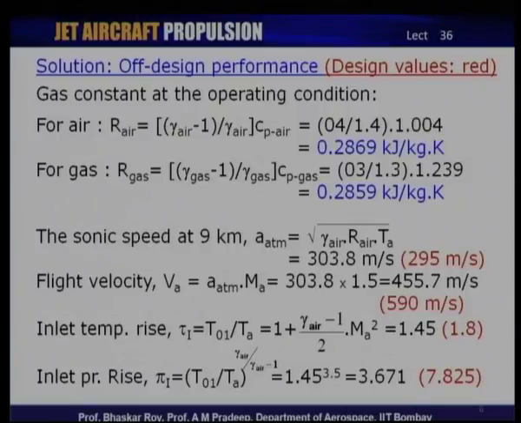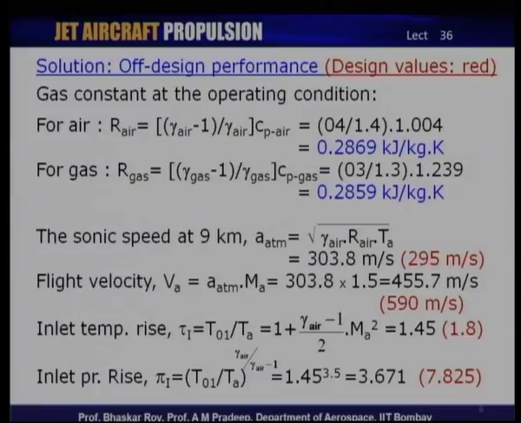For the air, we can calculate it, and it comes out to be 0.2869 kilojoules per kilogram per Kelvin. The corresponding value for the gas, that is the mixture of air and burnt fuel, the value of R comes out to be 0.2859 kilojoules per kilogram Kelvin.